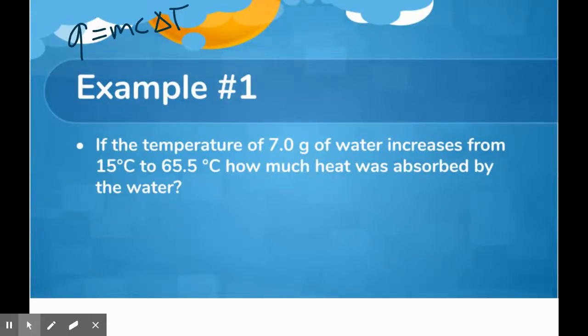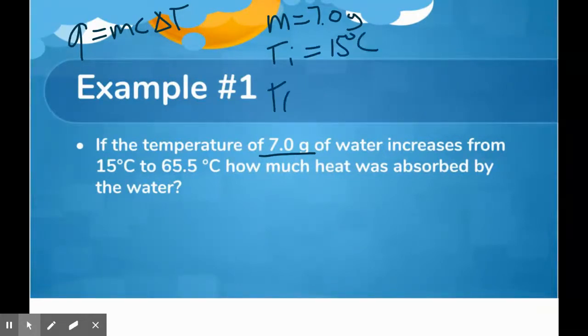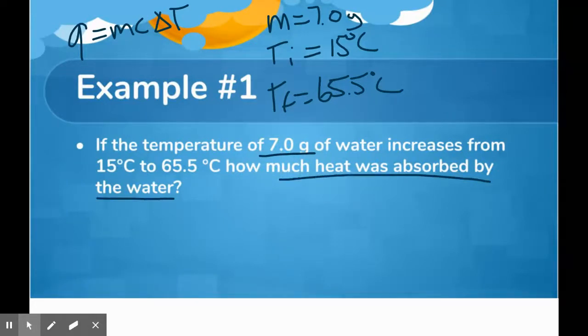We are given 7 grams, which is our mass, and it's increasing from 15 degrees Celsius to 65.5 degrees Celsius. Our initial temperature is 15 degrees Celsius, and our final temperature is 65.5 degrees Celsius.